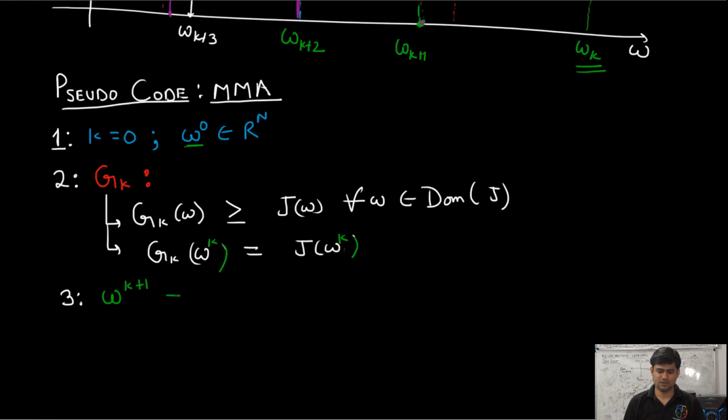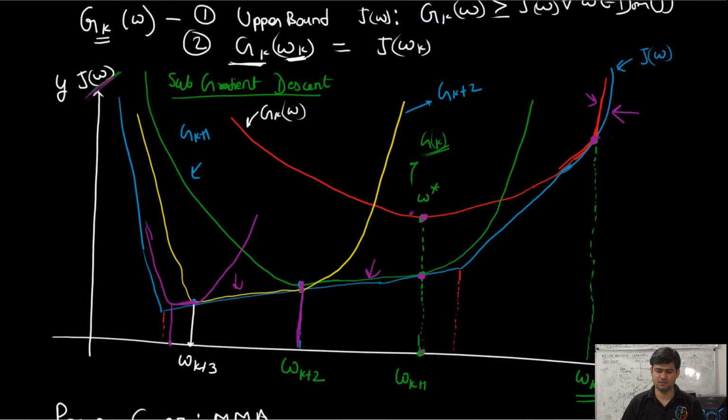So wk plus 1 is set to be the minimizer of the function gk, argmin over w of gk of w. As we see in the graph as well, we minimize this loss function gk, and then the minimizer is a new estimate for the parameters w, and then at that point we again compute a new function gk plus 1.